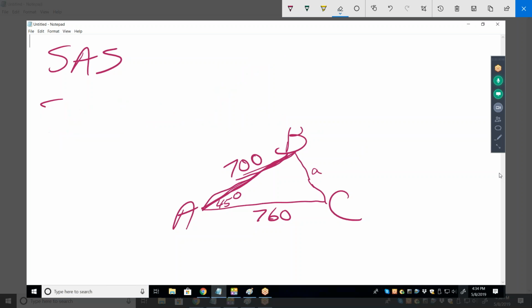In order to use the law of sines, you've got to have one angle and its opposite side. You do not see that in this picture. You've got an angle, but you don't know its opposite side. You've got two sides, but you don't know their opposite angles. So side, angle, side calls for the law of cosines.